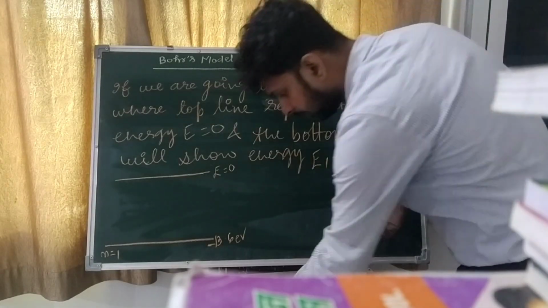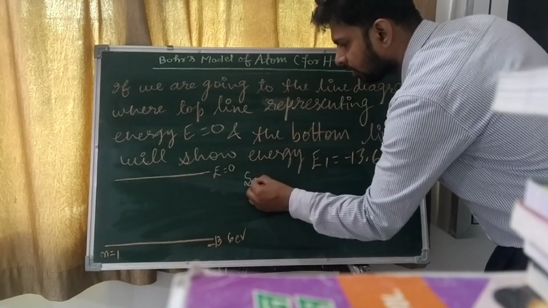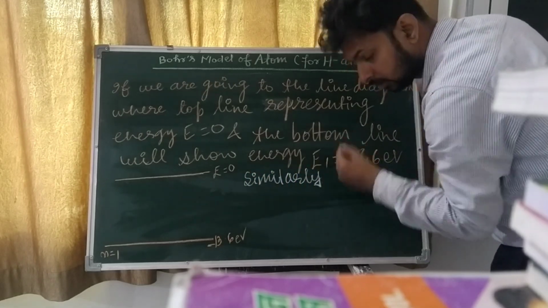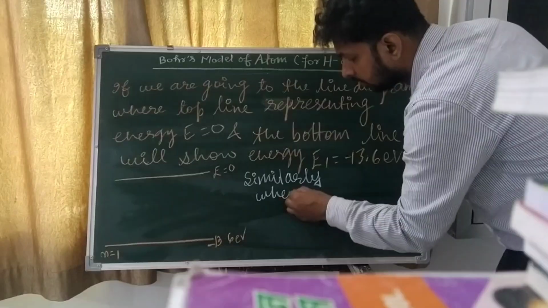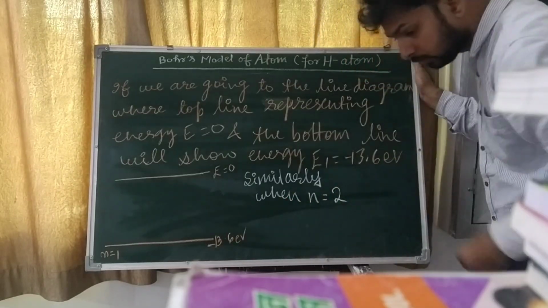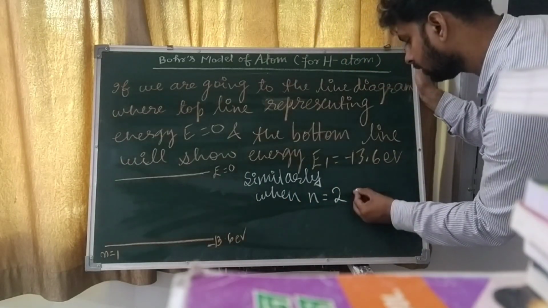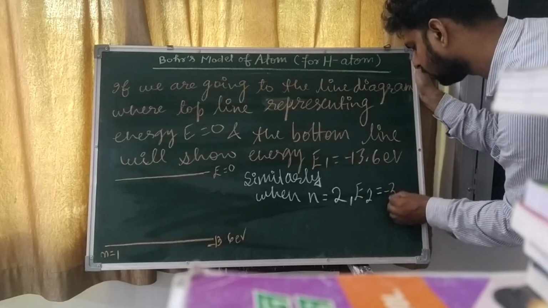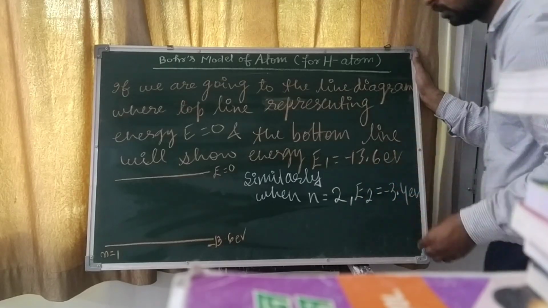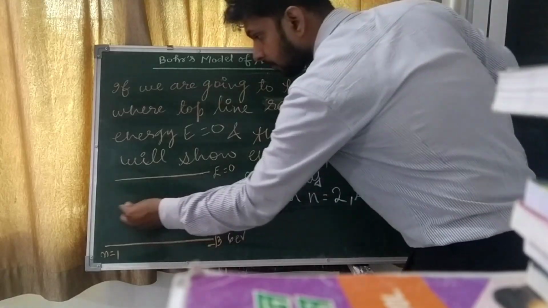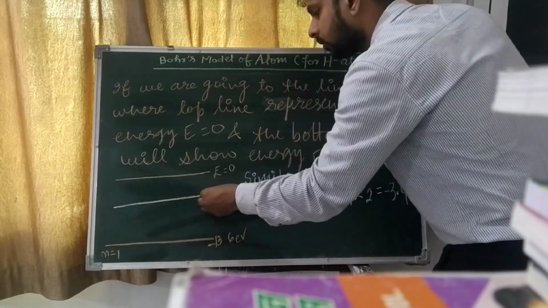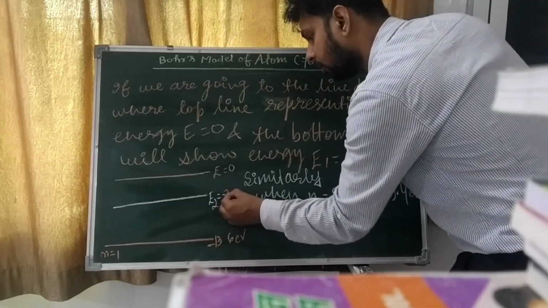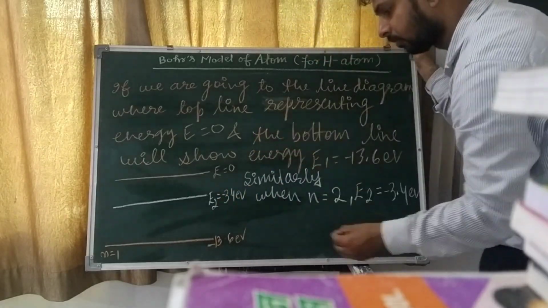Similarly, when n is equal to 2, E2 is equal to how much? Minus 3.4 electron volt. The line will come here, E2, minus 3.4 electron volt.